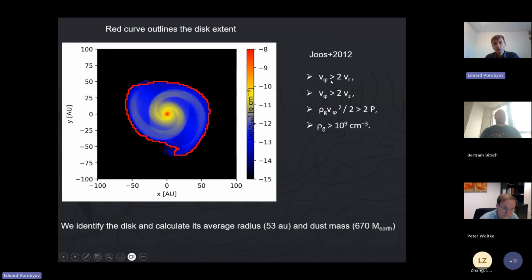We use these conditions: the rotational velocity has to be twice the radial infall velocity, and twice the vertical infall velocity from top and bottom. This is the midplane. The disk has to be rotationally supported, and the density above a certain threshold. So you see how well we can cut out the disk now. It turns out that the average radius of this disk is about 553 astronomical units, and the dust mass is about 670 Earth masses.